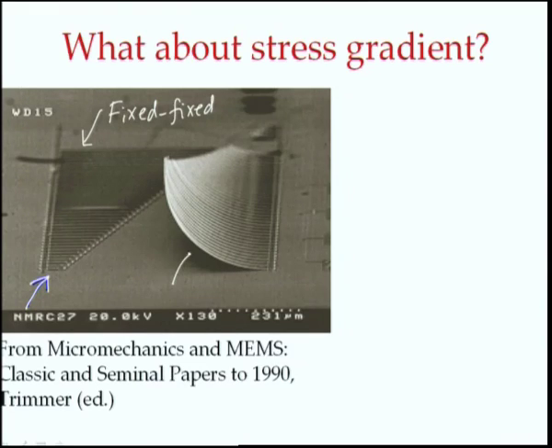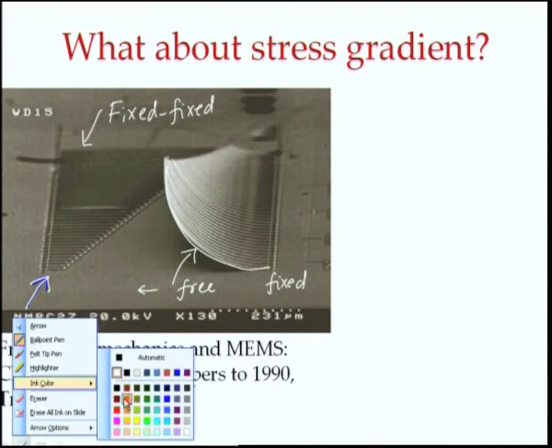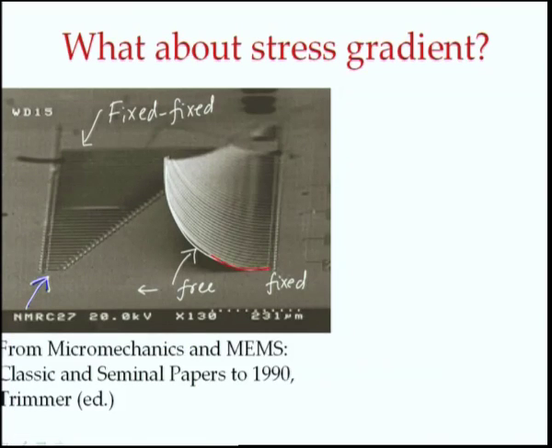Whereas, these beams are cantilevers. So, they are free on this side, and they are fixed at this end. These beams, as you can see, have curled up, right. Let us switch back to another visible color. See, all of them have curled up.